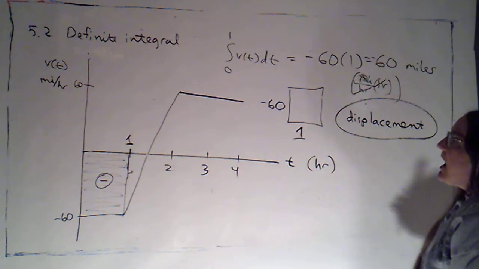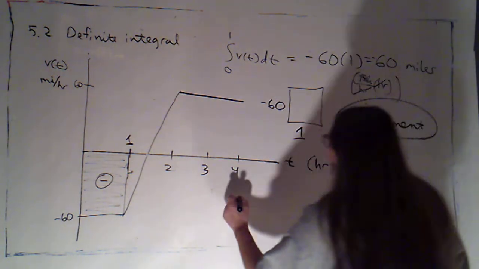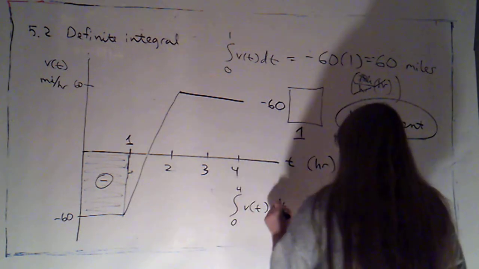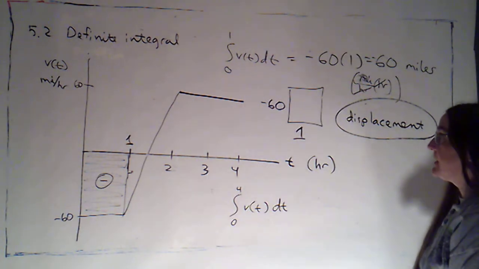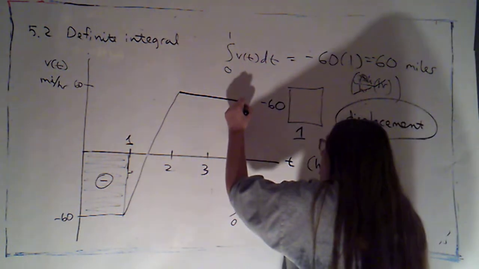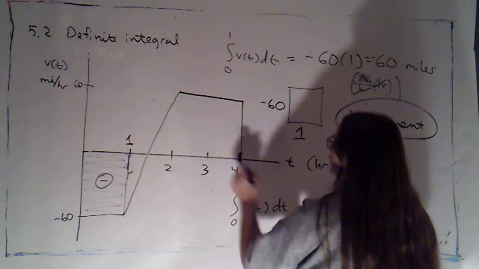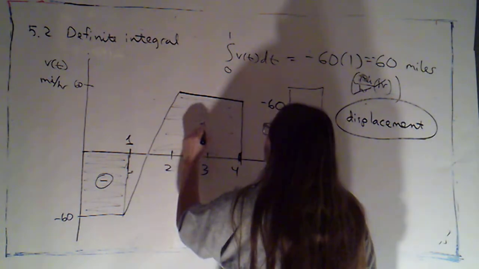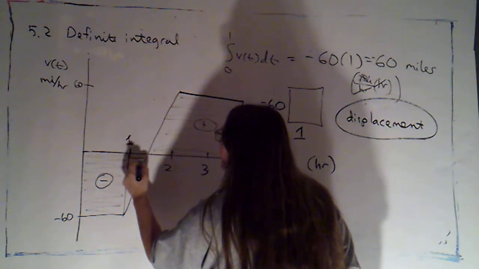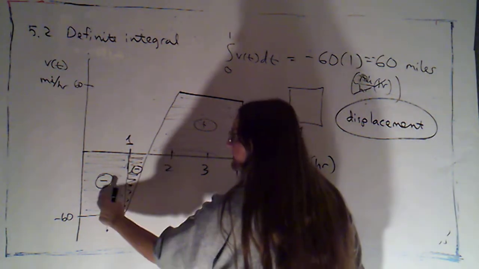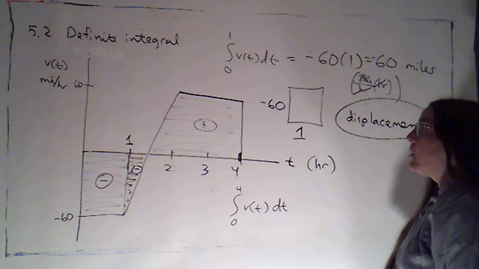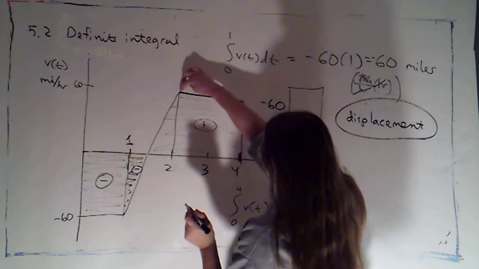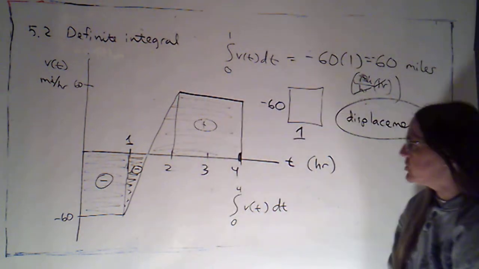Okay. All right, let's suppose that I wanted to integrate from 0 to 4 the velocity with respect to time. So I'm going to draw in a wall now at 4. And now we're looking at all of this area, which will be positive, and this area here, which will be negative, together with that negative 60 that we already had. Now, what I'm going to do is just drop a perpendicular straight down here.